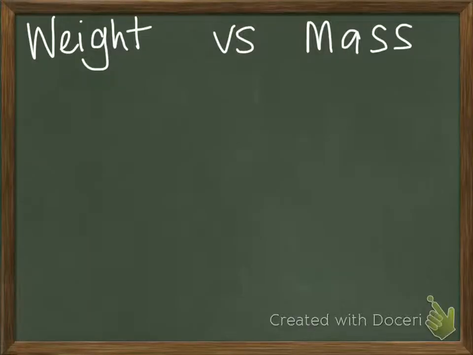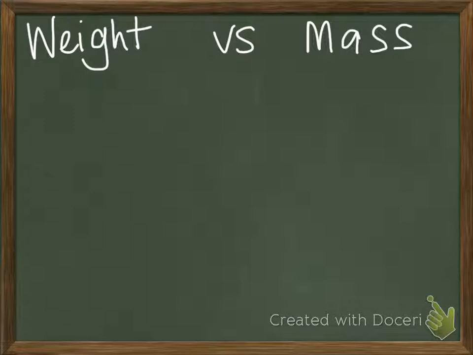Okay, the last thing that I'm going to talk about in this video is the concept of weight versus mass. This is another formula that you might need to know, or at least covers a concept that you might need to know. So mass refers to the amount of stuff that's in an object. It's the amount of matter in a certain object.